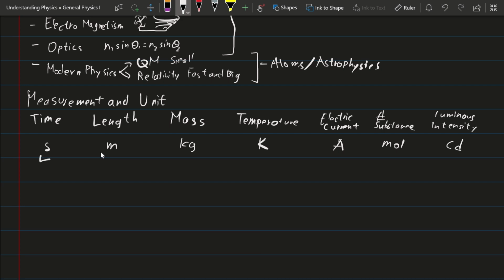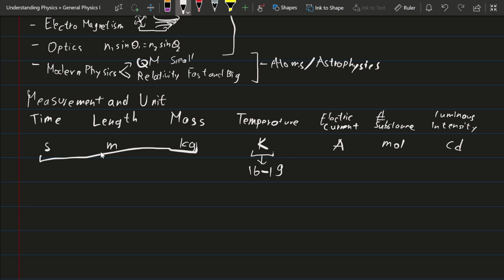We'll be mainly focusing on these 3 units, while the temperature will be discussed at the very end of the general physics course, which is chapters 16 until 19.